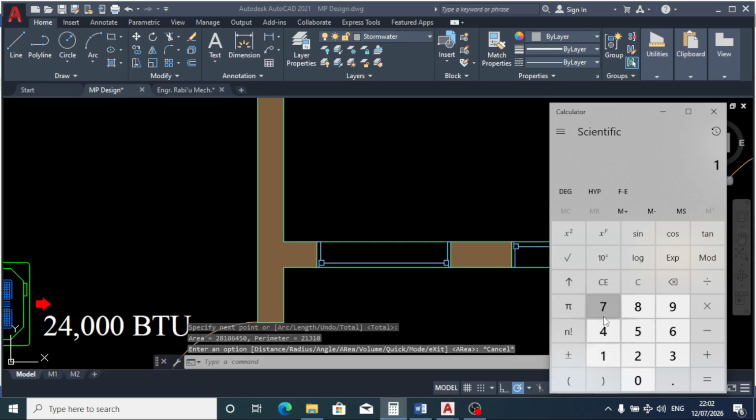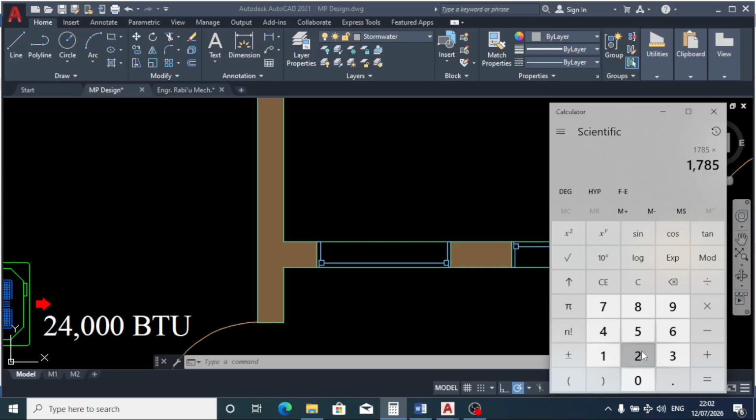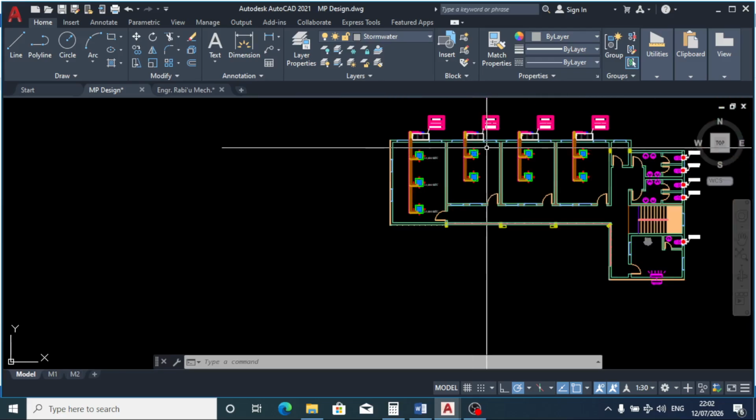So 1,785 BTU times 28.19 meters squared, we are going to have 50,319 BTU to cool this classroom.